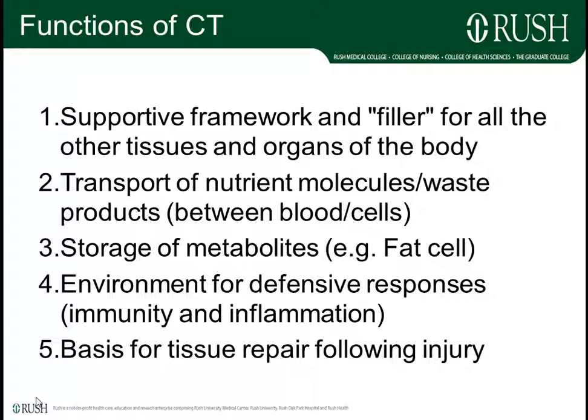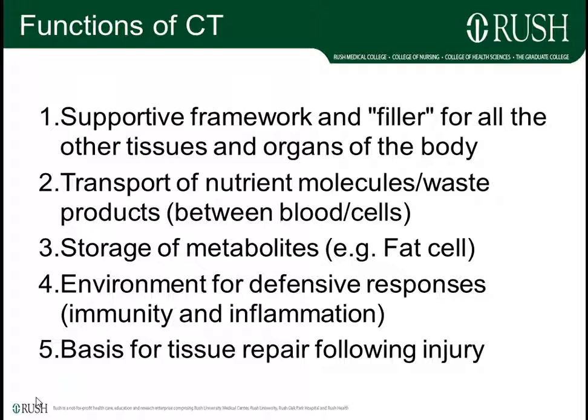So what does connective tissue do? Well, the functions of connective tissue are first to provide a supportive framework or filler for other tissues and organs in the body. It functions also as the media in which transport of nutrients and wastes occurs, that is, between the blood and the cells.